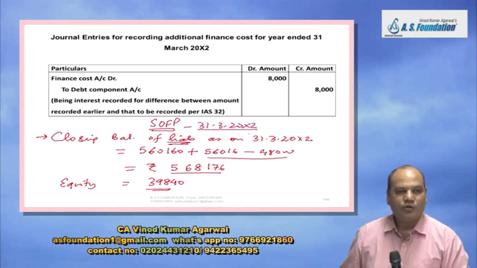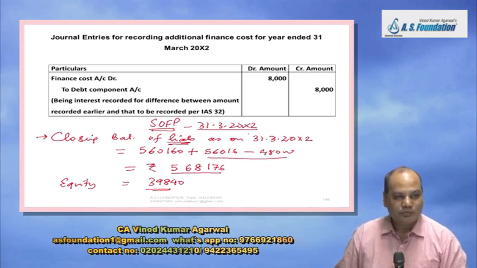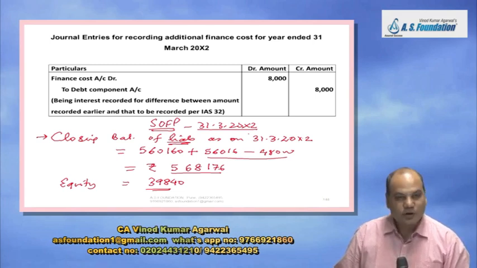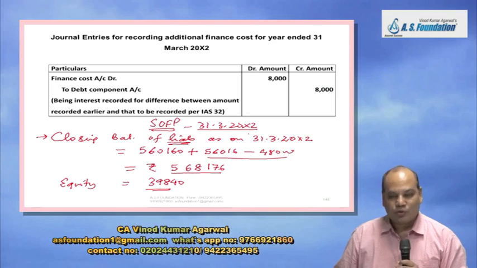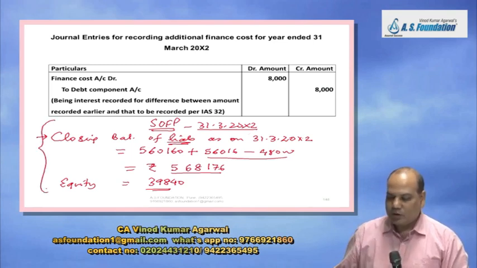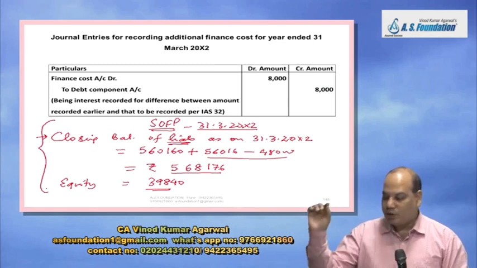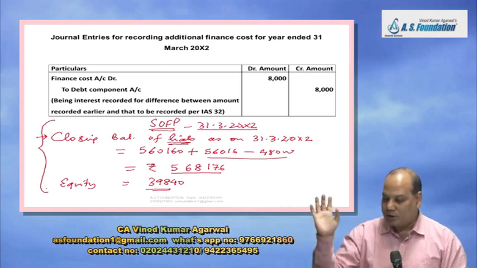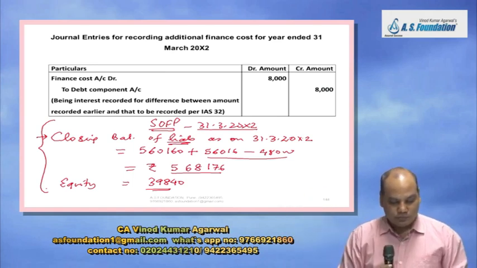So up to this you have to write to conclude the answer, because the question is how the above items will appear in the financial statement for the year ended 31st March 20x2. So note this down somewhere. Financial liability will appear at 568,176. Equity will appear at 39,840.